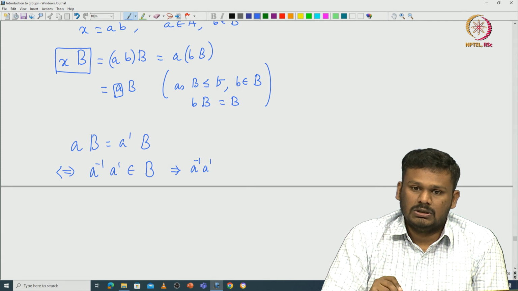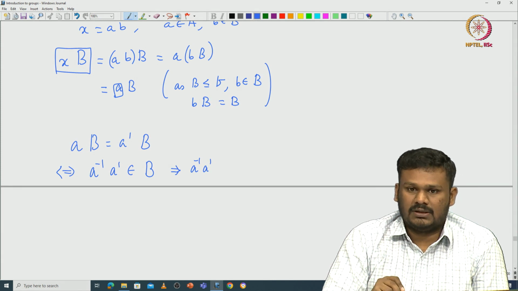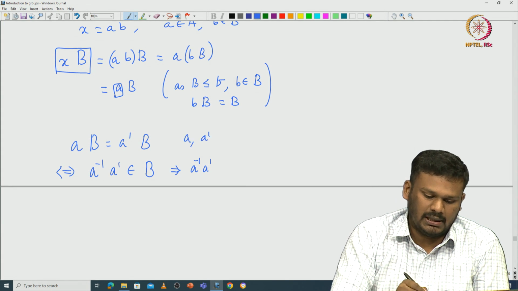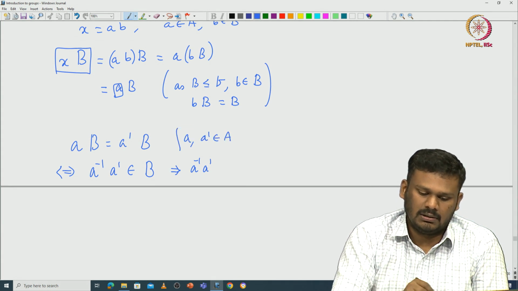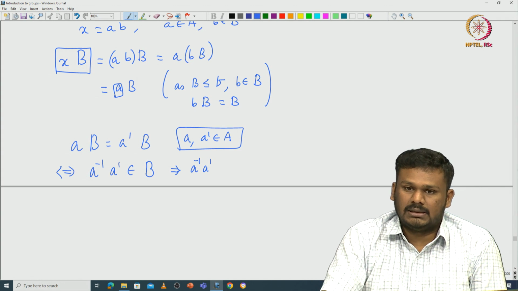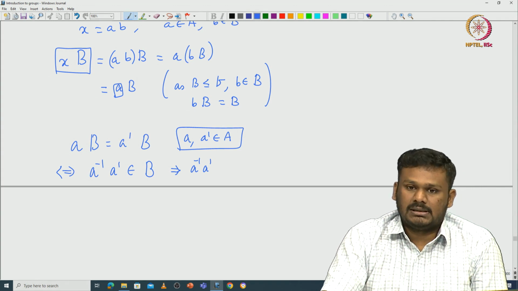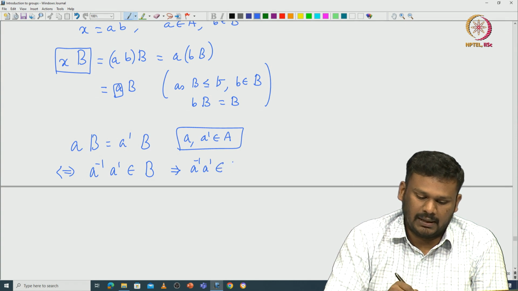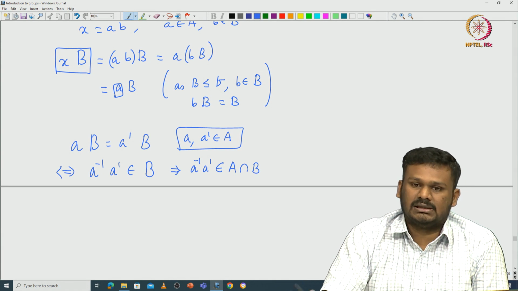Okay. So, this is first of all an element of capital A, because both a and a' are coming from capital A, and capital A is a subgroup. So, a inverse a' should be in capital A, but it is already in B. So, that means it is in the intersection.